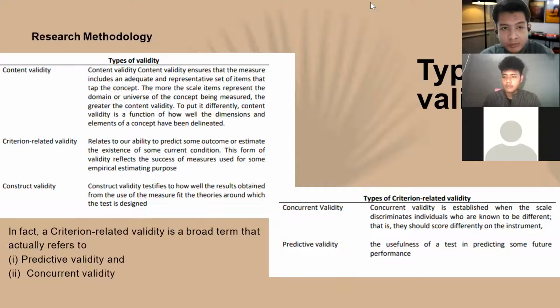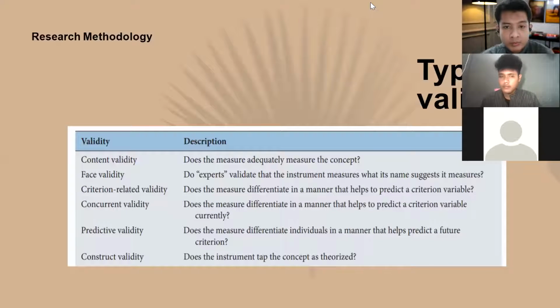Okay, next slide. And for the types of validity, it is divided into six. The first is content validity: does the measure adequately measure the concept?